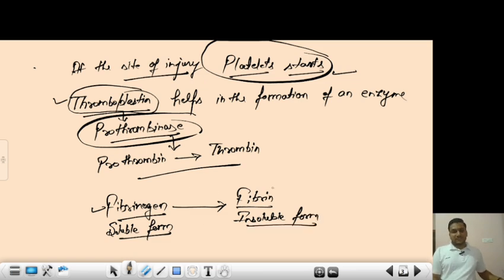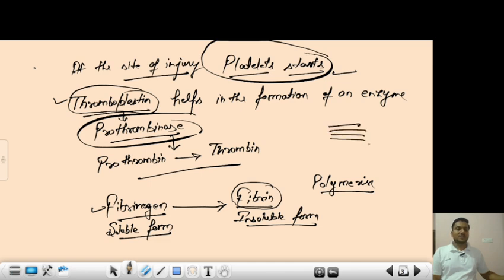So this fibrin is a monomer and starts to polymerize. It starts its polymerization to form a mesh like structure or network at the site of injury.